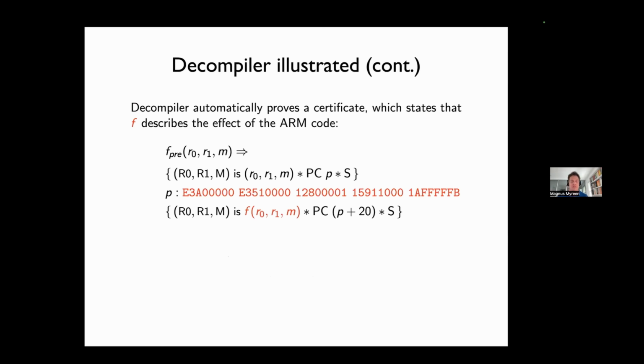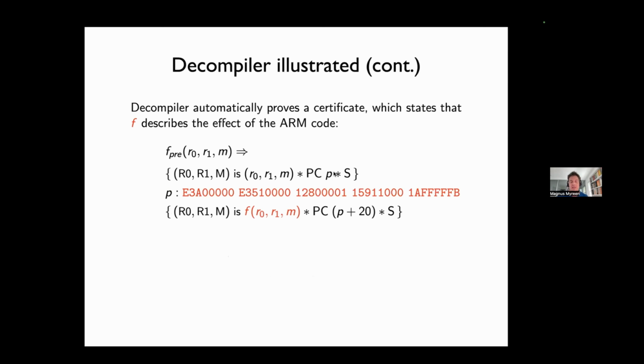And what you also get, as I said, is that the decompiler is proof producing. So what you get is a HOL triple, a precondition, the code, and a postcondition. And there's also a pure precondition here, which says, if f terminates for these inputs, then this HOL triple describes the code.